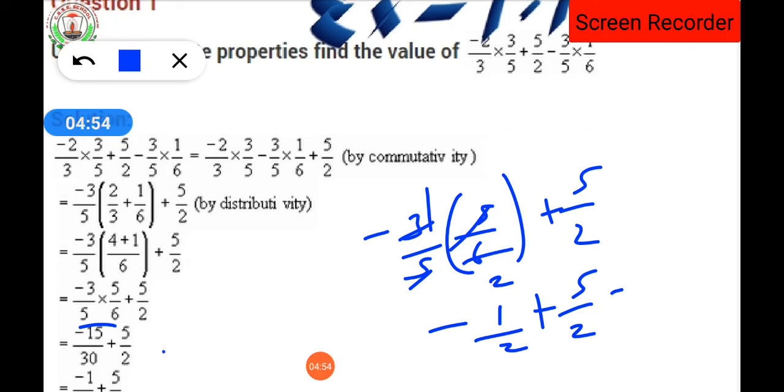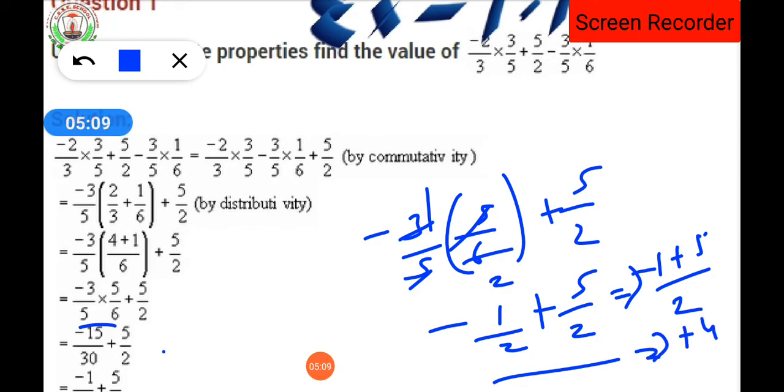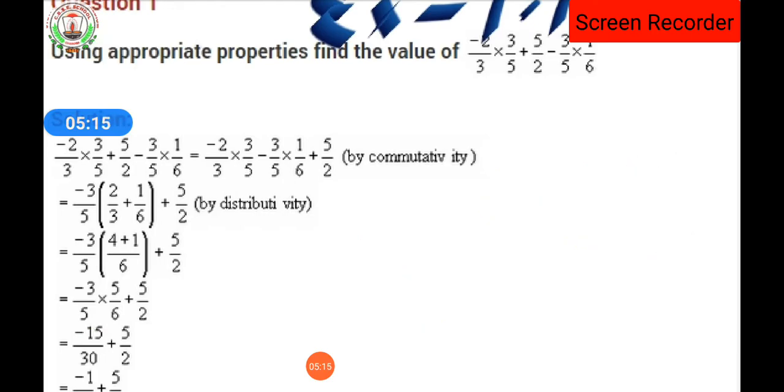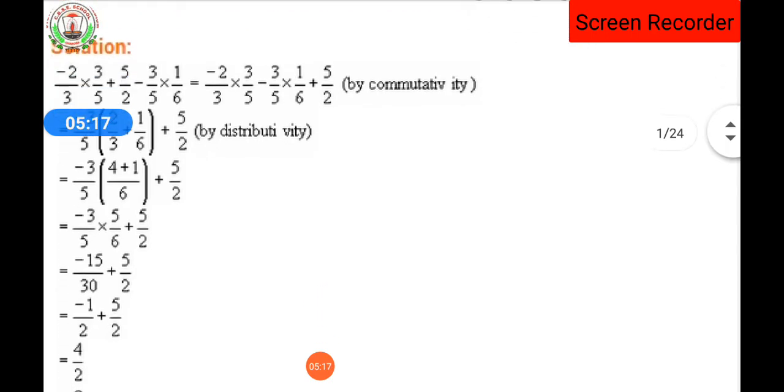So while doing this, we can see that both the denominators are the same, that means they are like terms. So when it is like terms, we can do the calculation directly. So minus 1 plus 5 will be how much? It will become plus 4 upon 2. Here it will get cancelled, the result will be plus 2. So here the answer will be plus 2.